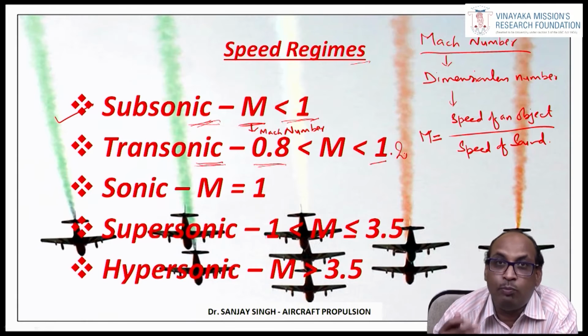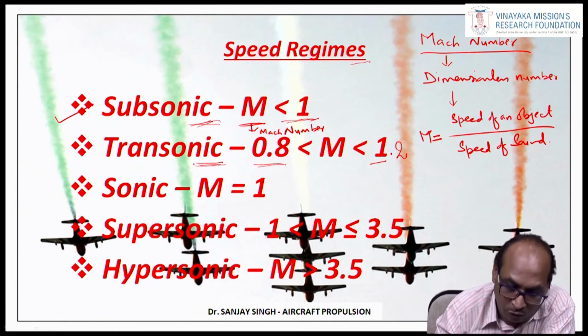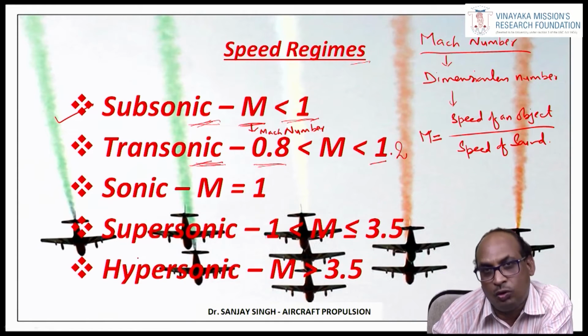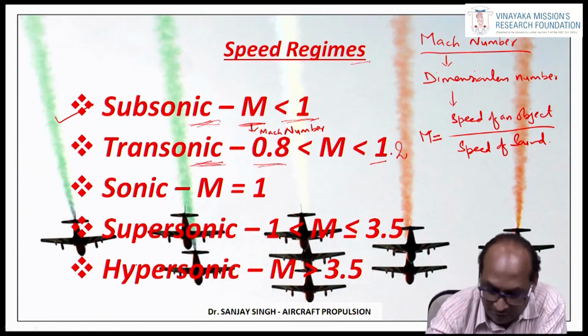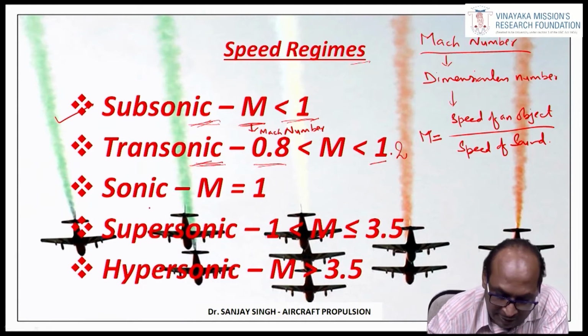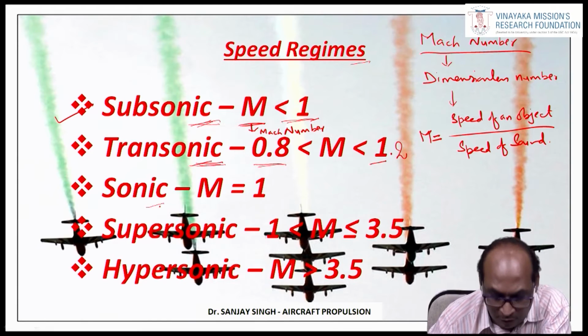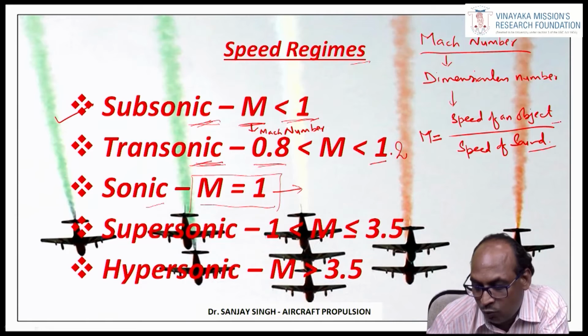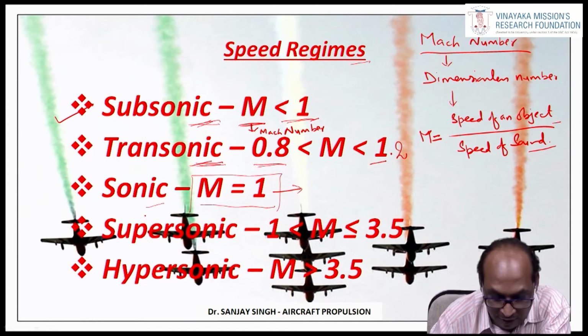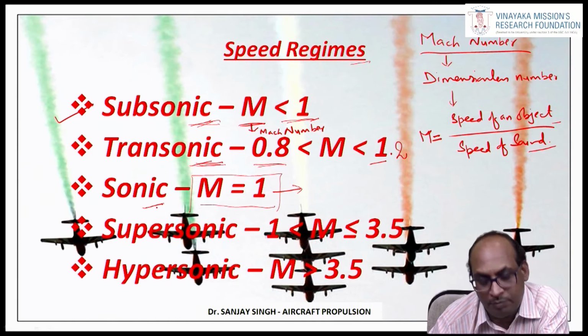Sometimes 0.8 to 1.2 Mach number is given the name transonic. Transonic means when there is a change from one regime to another, specifically from subsonic to supersonic. Fine. Then comes sonic. Sonic speed is when the aircraft or any object is moving at the speed of sound, that is M equal to 1. Then only the speed will be called sonic.